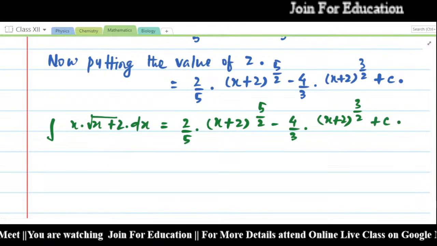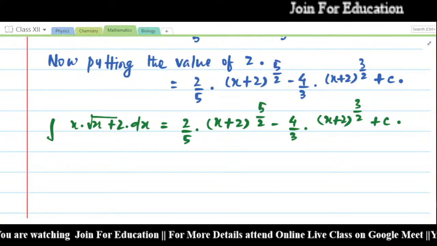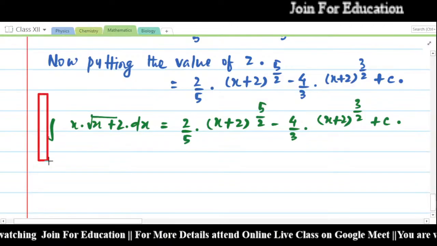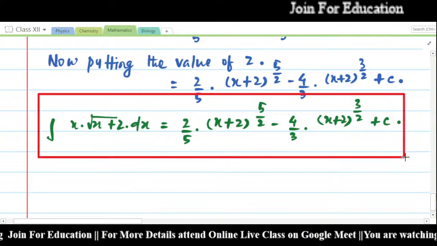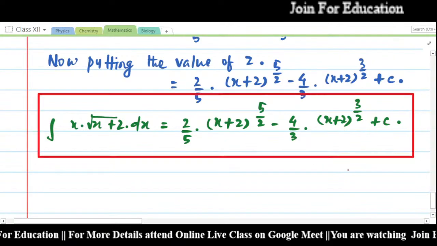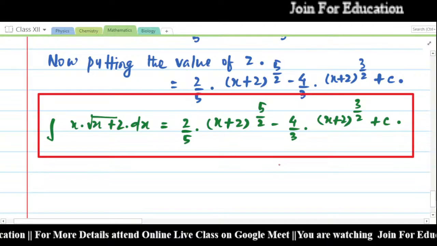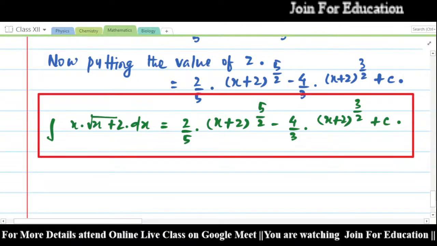Hope that there is no problem to understand the solution of this question. So this is the solution of question number 7.